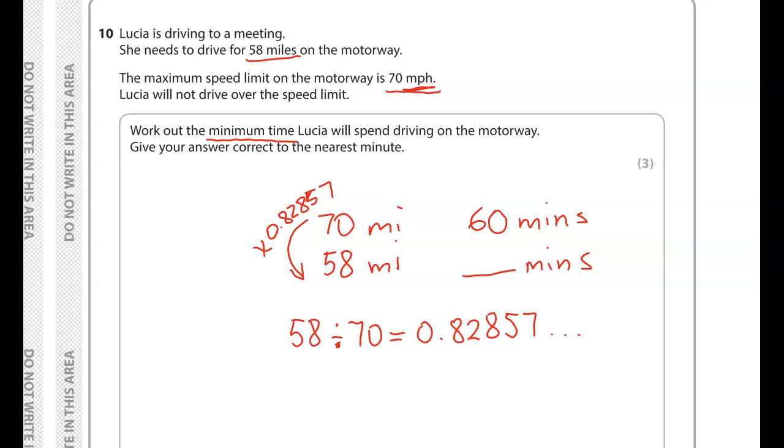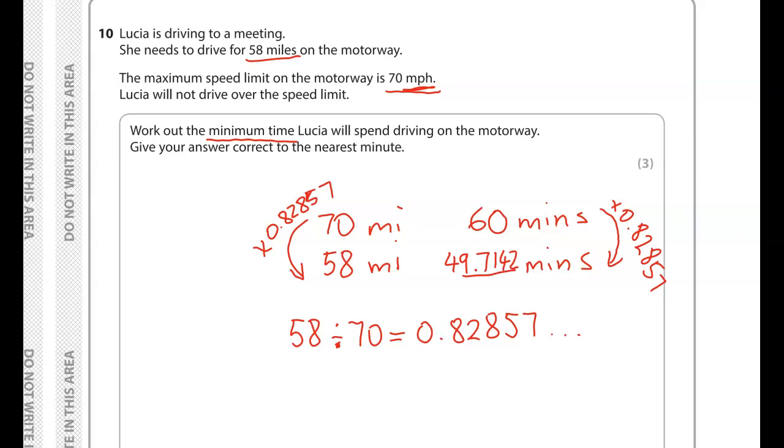So multiplying 60 by the same number, 0.82857, gives us 49.7142 minutes.